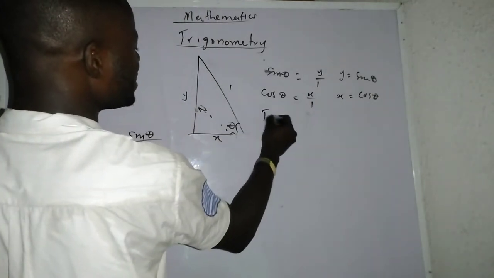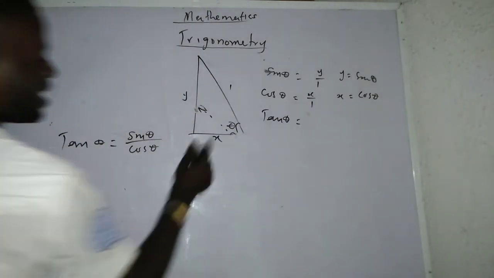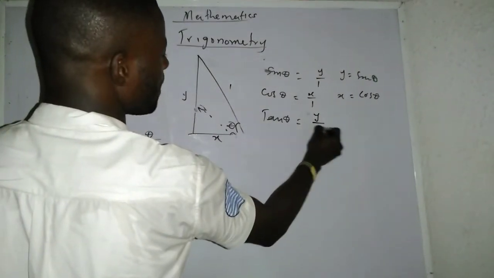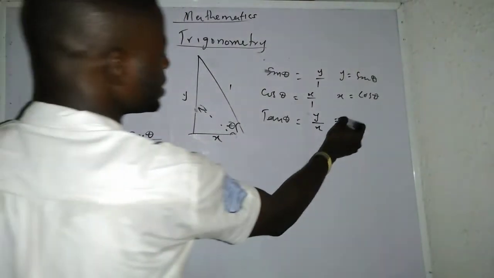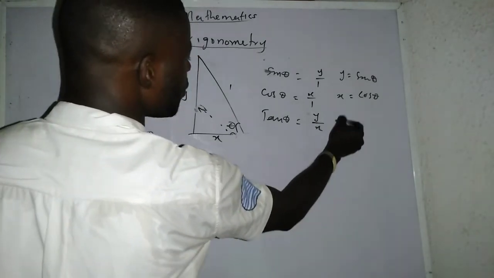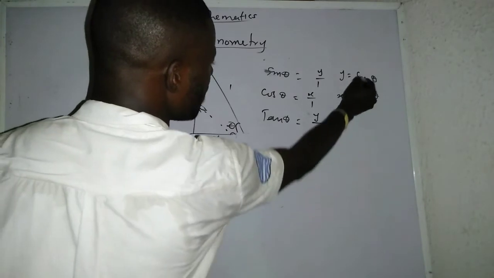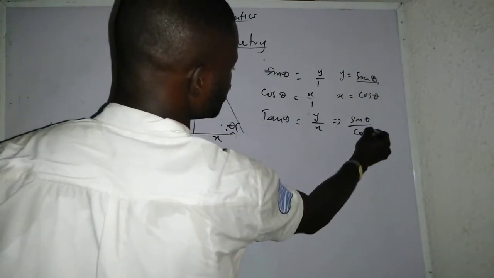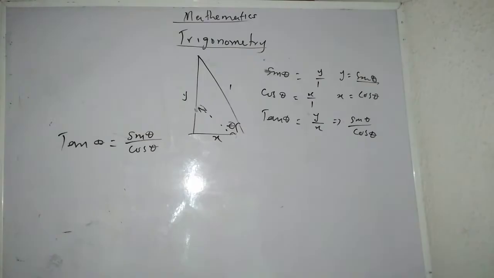Now, tan theta is opposite all over adjacent, which is y over x, so tan theta is sine theta all over cos theta. It means my tan is always equal to this.